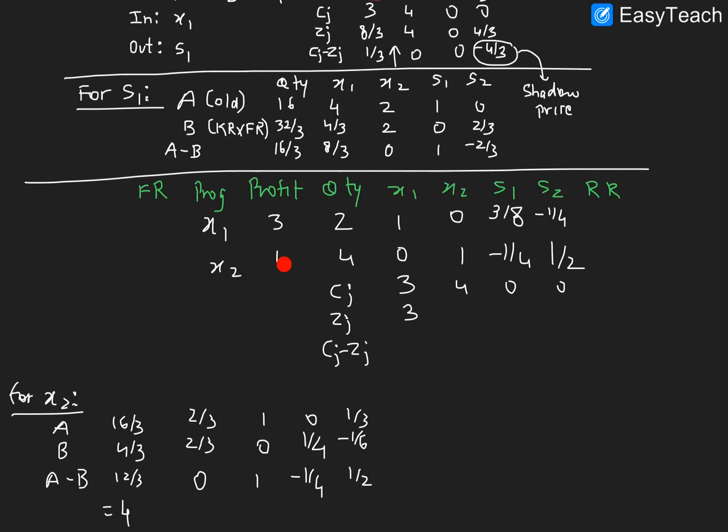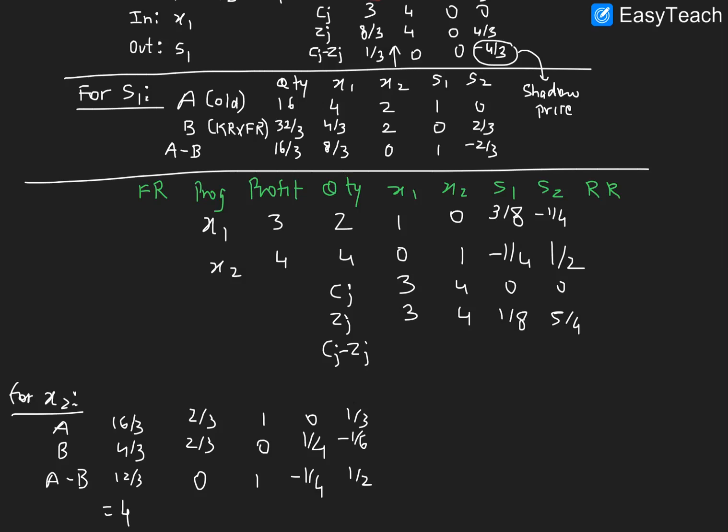Next is 3 into 0 plus 4 into 1, that's 4. Then we have 3 into 3 by 8 plus 4 into minus 1 by 4, so we get 1 by 8. And the last one is 3 into minus 1 by 4 plus 4 into 1 by 2, so that's 5 by 4.